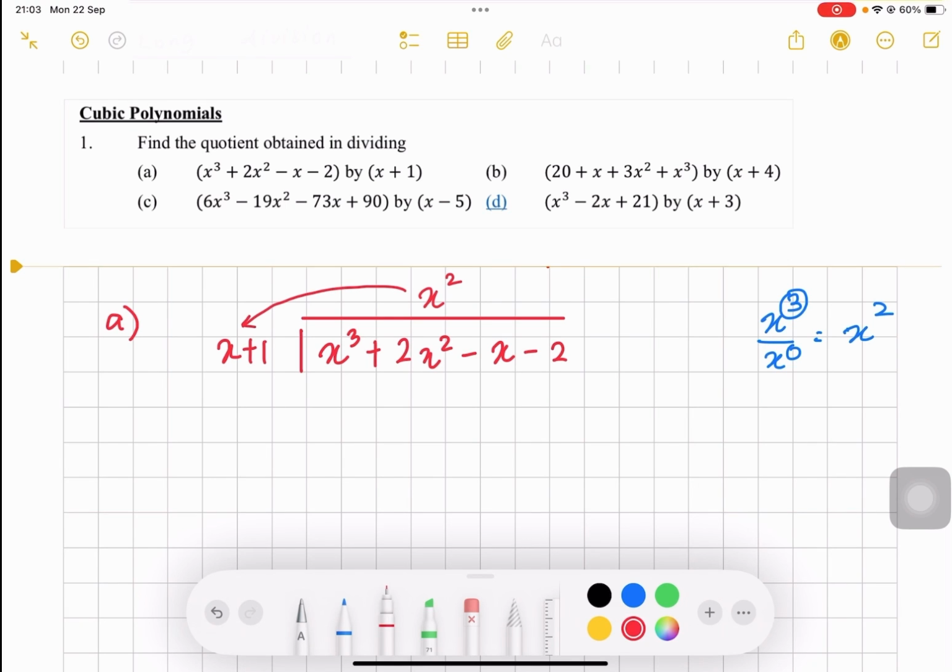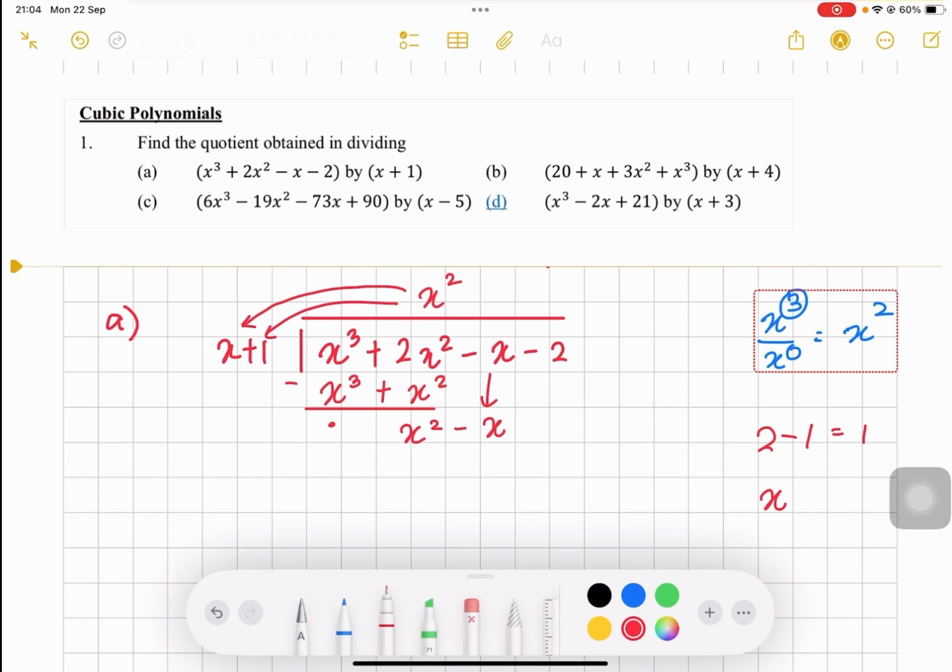x squared times x cubed, x squared times 1, plus x squared, minus. x cubed no more, and then 2 minus 1, you will get 1. So just put x squared, bring down negative x, and then do the same thing.